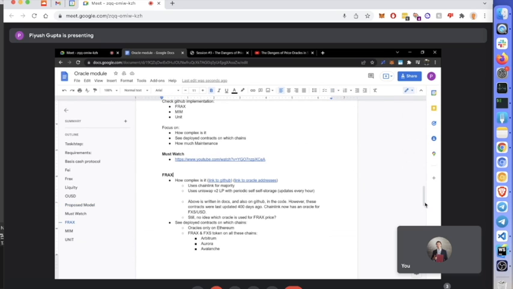So Frax uses Chainlink for the majority of the assets that it supports, and for the rest of the tokens, they use a Uniswap TWAP with a 1 hour average price, which they periodically update themselves.